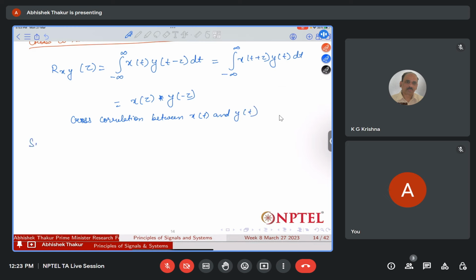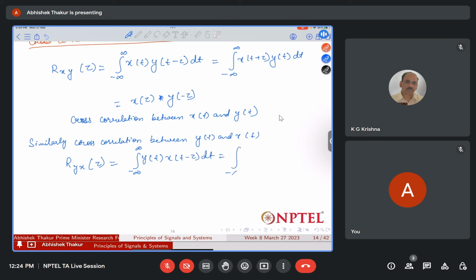Now, similarly, if it is asked to find the cross correlation between y(t) and x(t), then it will be denoted as Ryx(tau). That will be the integration from minus infinity to infinity of y(t) into x(t - tau) dt.